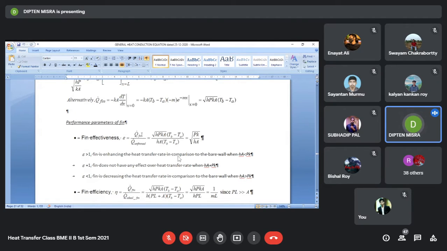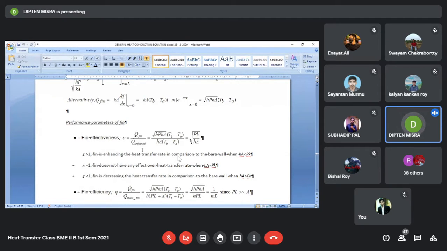So the numerator Q dot fin should be greater than the denominator Q dot unfinned, so that the effectiveness value should be greater than 1. But this is our expectation. If we design a fin in an inappropriate situation, then it may not happen. Or even in an appropriate situation, if we design a bad fin, then also it may not happen.